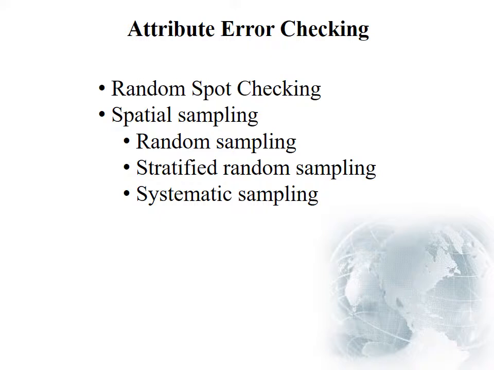So we start thinking about applying methods from other sciences and incorporating them in here, or from statistical science and applying them to the spatial realm. So random sampling, we could, for example, break up a map into different sections and then randomly select sections and check those to see how well the work matches what's on the landscape.